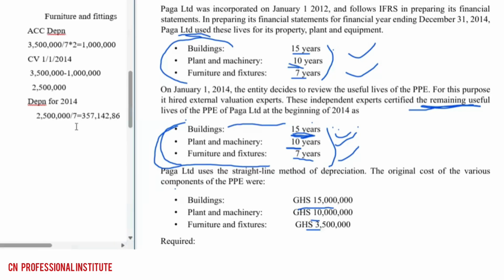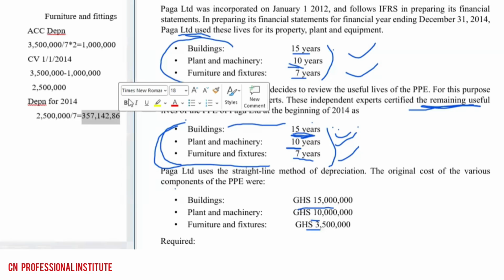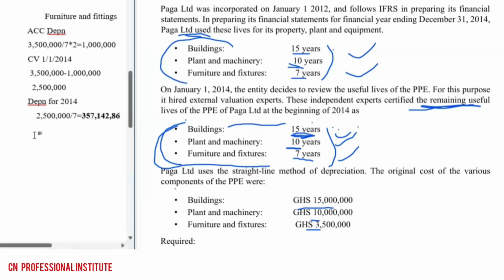357,142.86. So this is depreciation for 2014.